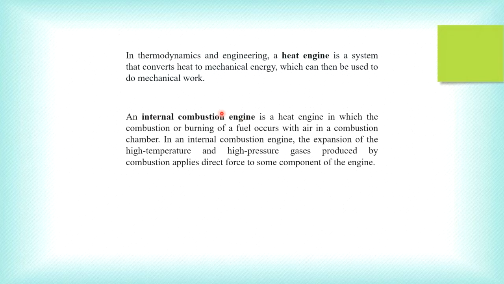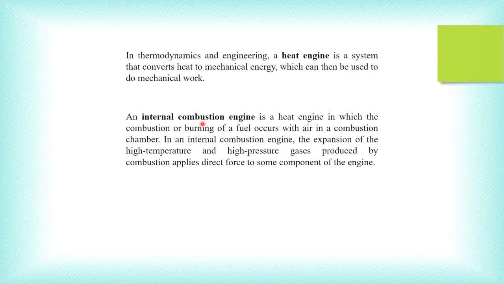This chapter, the gas turbine engine, is also known as an internal combustion engine. It's a heat engine in which the combustion, or the burning of the fuel, occurs with air in a combustion chamber.